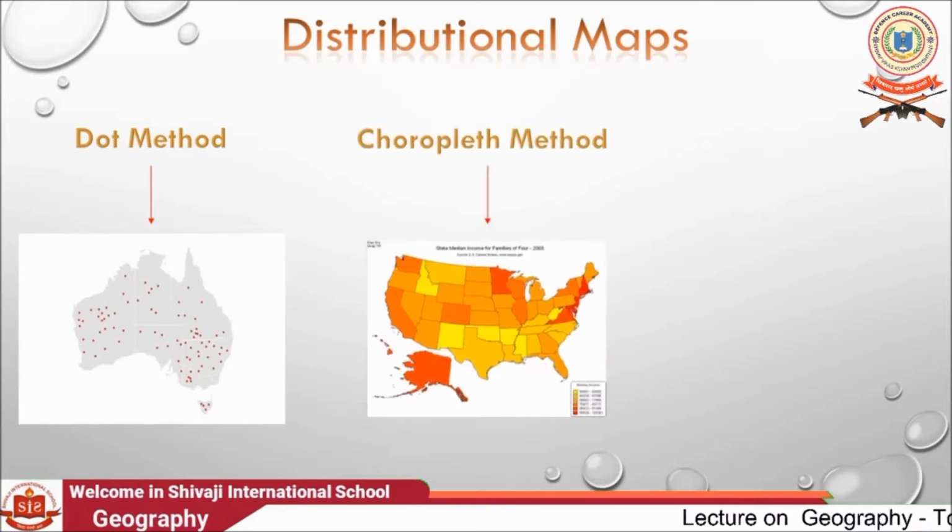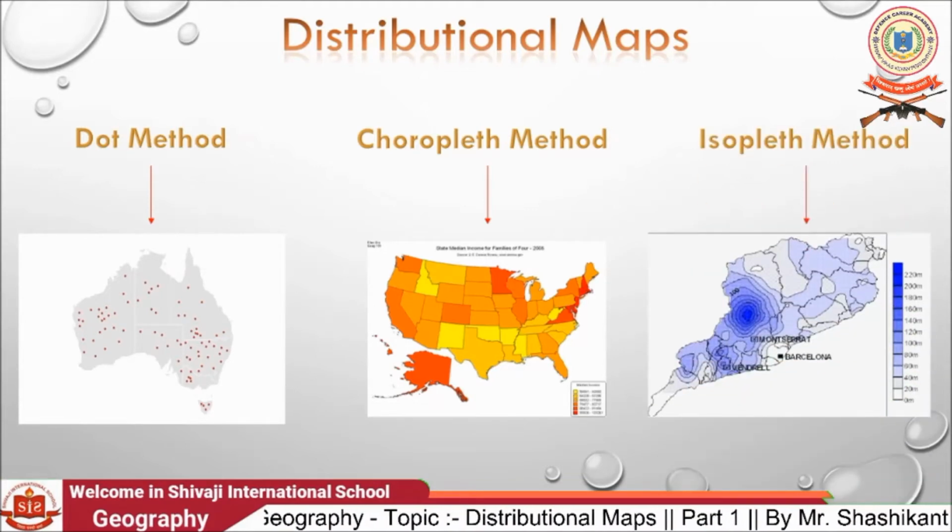Then the second method is the choropleth method. With the help of color, with the help of tint, here also we show various variables. Okay. Then the third one, isopleth method. Here, with the help of isolines, we can show distribution of rainfall, distribution of temperature. Okay.